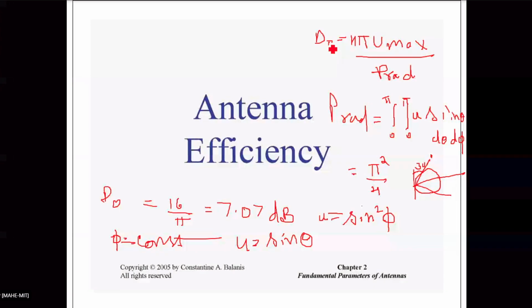Can you please tell the final answer to this question? Okay. Period is 1.879 and D naught is 4 pi into 1 divided by 1.879, which is 6.687 or 8.25 dB. Yes, sir. Thank you.